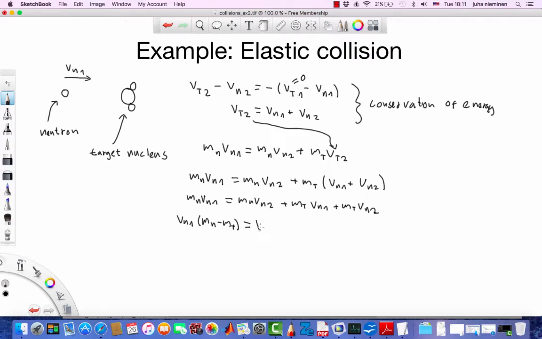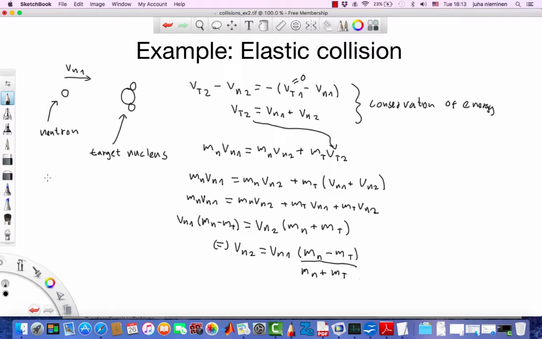Same thing on the other side, they have Vn2 as a common factor, so that's going to be the mass of the neutron plus the mass of the target. And then we get for the velocity of the neutron after the collision Vn2 to be the initial velocity times Mn minus M target divided by Mn plus M target.